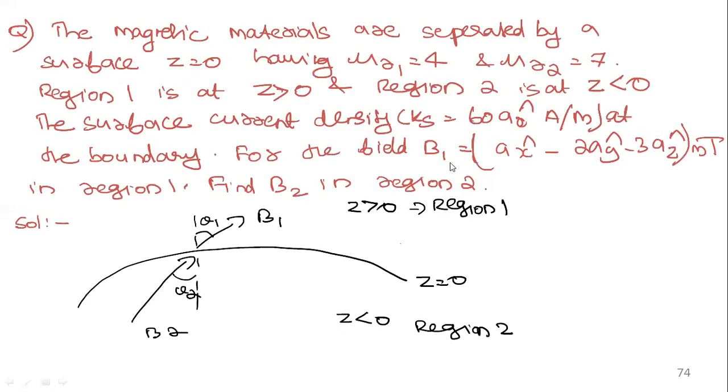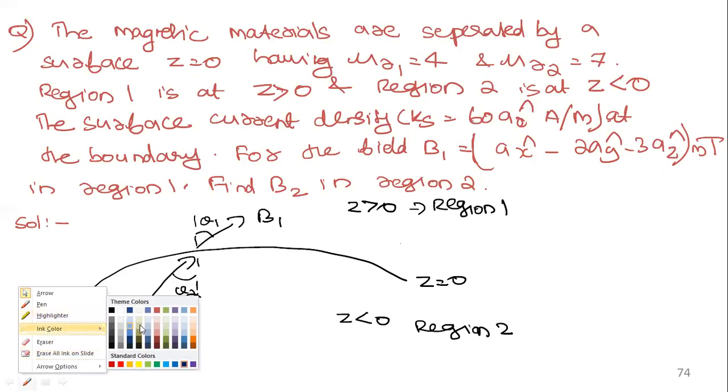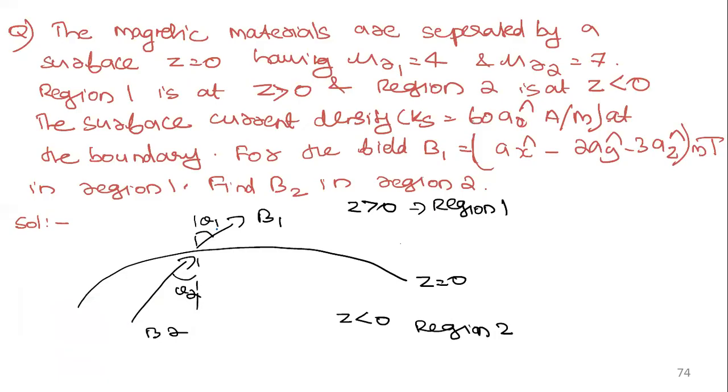B1 is given as AX minus 2AY minus 3AZ. So in the boundary, the normal component upward and downward is B1n and B2n in this particular figure direction. What is this normal direction? Z direction.